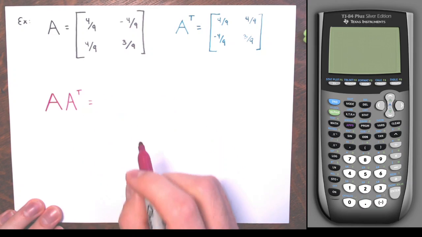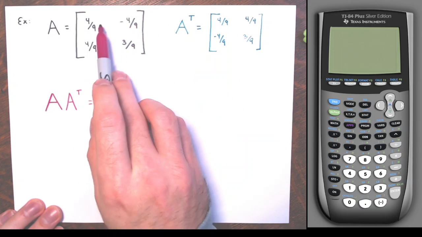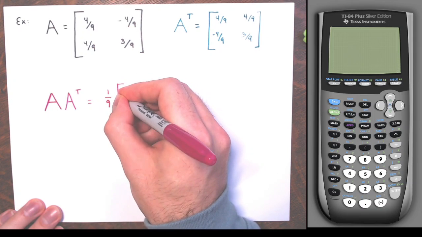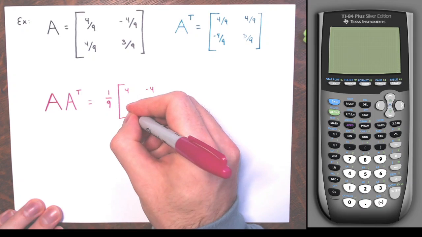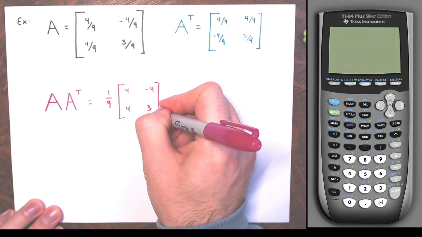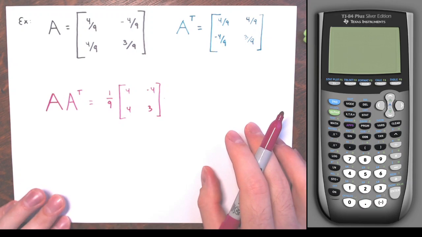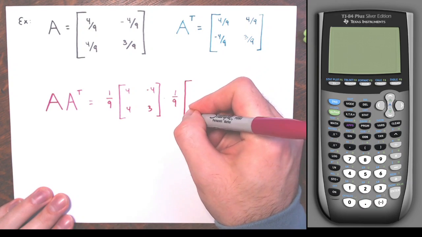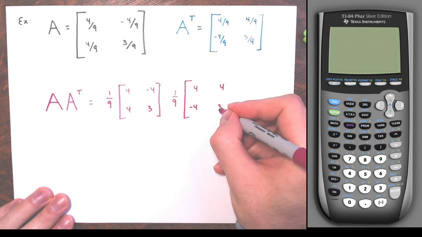Now this, just like last time, I'll pull some scalars out. So matrix A here, they all have a 1/9 in common, so that's 1/9 times the matrix 4, -4, 4, 3. Times, and then same thing for A transpose. Each of those has a 9th in common, and that's times the matrix 4, 4, -4, 3.